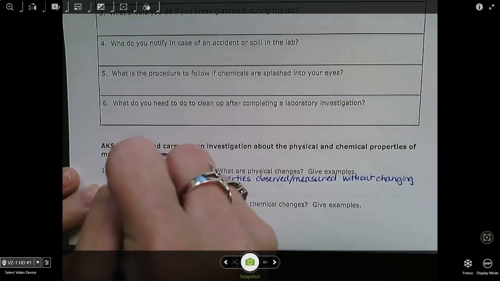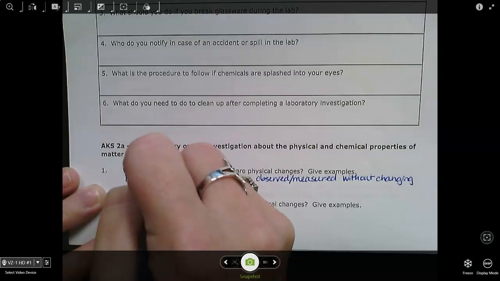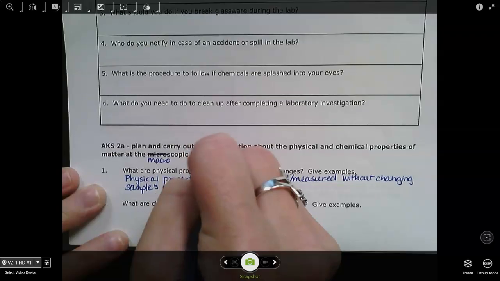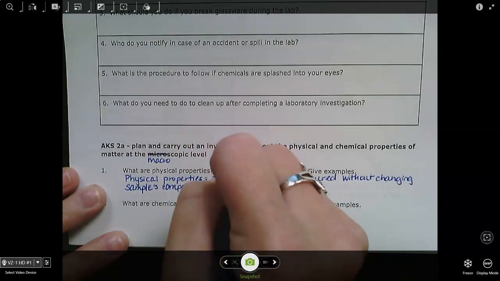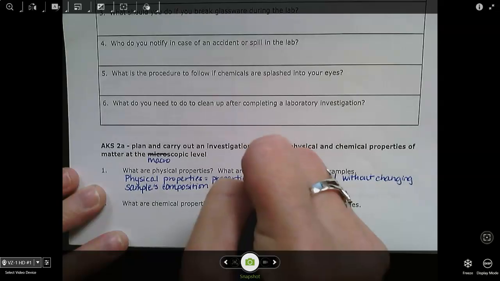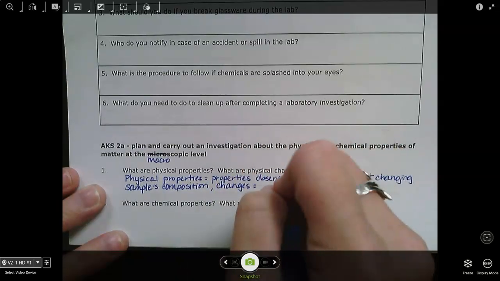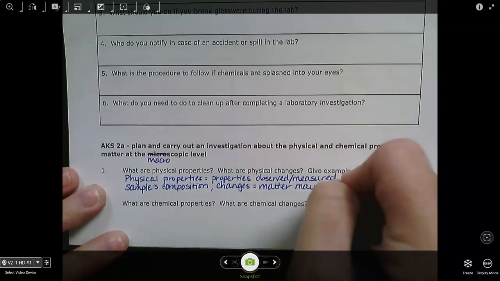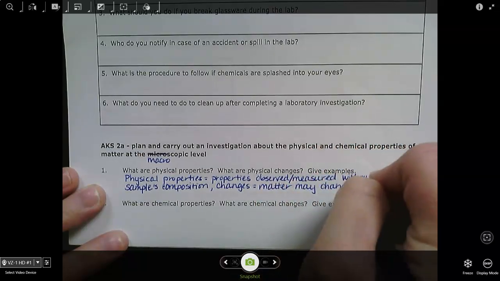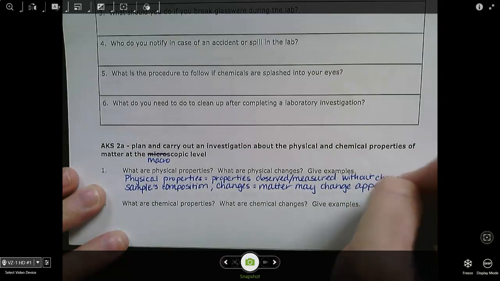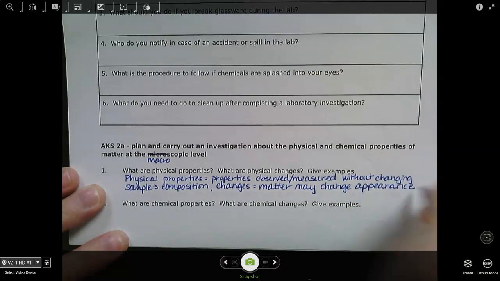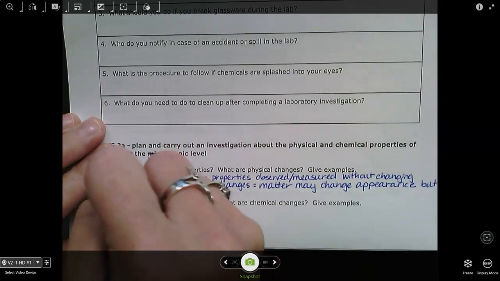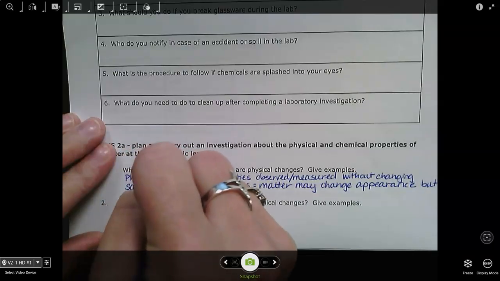So you're not changing the matter that you're looking at to determine its physical properties. Now, if you experience a physical change, then your matter can change appearance, but it is still the same thing. So its composition will not change.